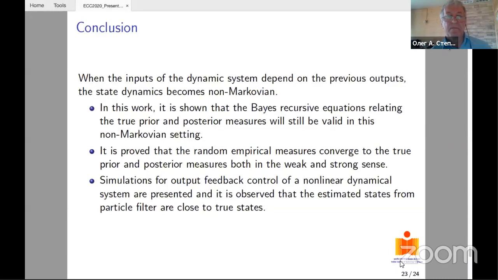Also, it is proved that random empirical measures converge to true prior and posterior measures, both in the weak and strong sense. And simulations for output feedback control of a nonlinear dynamical system are presented, and it is also observed that the estimated states from the particle filter are close to true states.